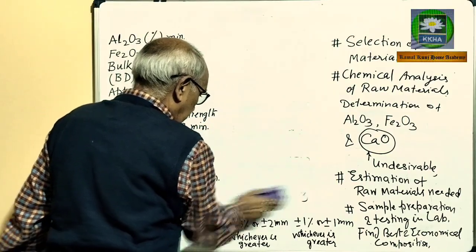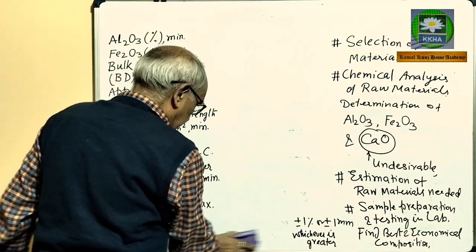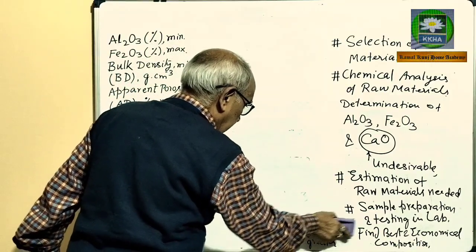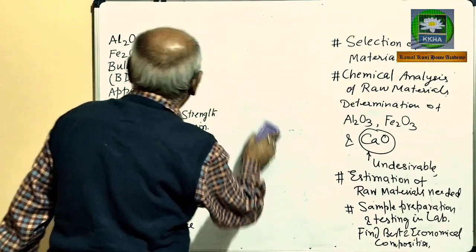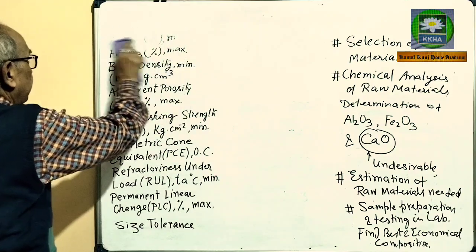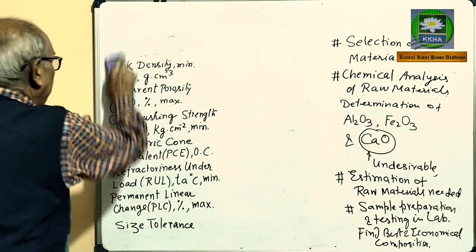Estimation of raw materials. After knowing the chemical analysis of different raw materials, you can estimate the quantity required for making Fireclay and alumina bricks.